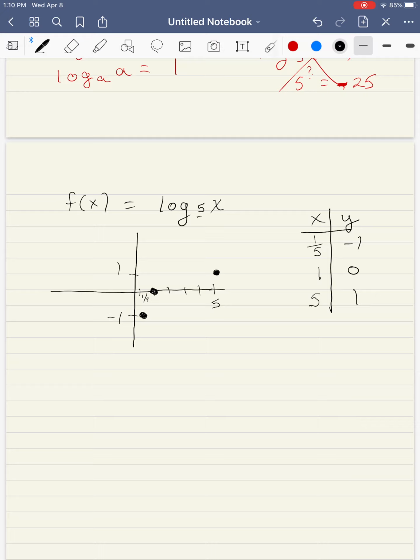And I know that I will always, when I have a basic non-transformed logarithmic graph, have a vertical asymptote here at x equals 0. And I know what my basic shape is, so I can draw my curve.